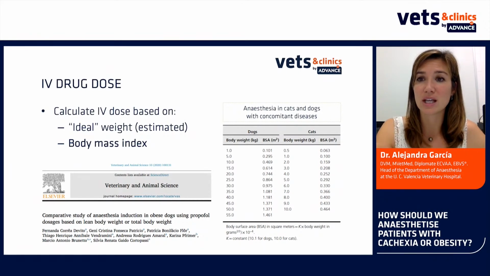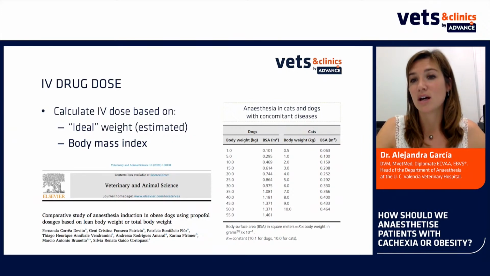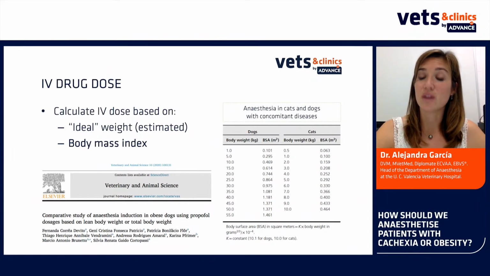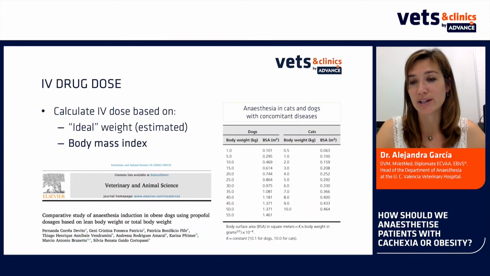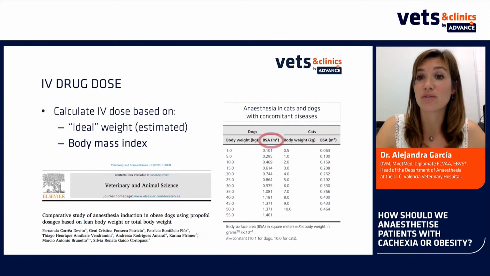It's from the book Anesthesia in Cats and Dogs with Concomitant Diseases. And you have there on the right-hand side the body weight in kilos and the body surface, and we can basically adjust the dose of propofol or alfaxalone or any induction agent to the body surface area.